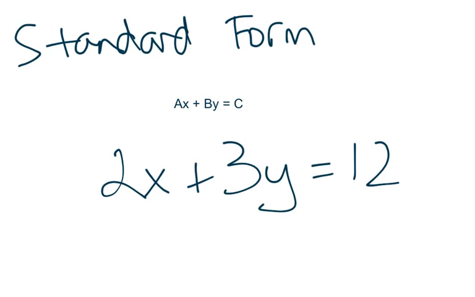In order to graph from standard form without changing it, you have to look at the x individually and you have to look at the y individually. So I'm going to rewrite this and I'll show you what I'm talking about.